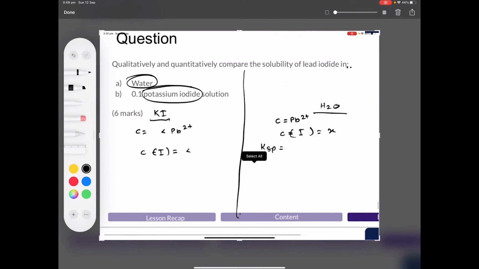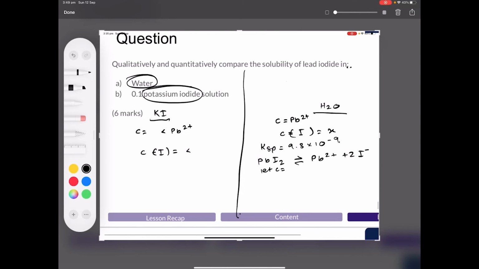Ayan, what did you get for KSP of lead iodide? 9.8 times 10 to the power of -9. All right, good. And you'd also write the equation, right? So lead iodide forms lead 2 plus and 2 iodide minus. Good. So, Ayan, take it away. What do you do next?